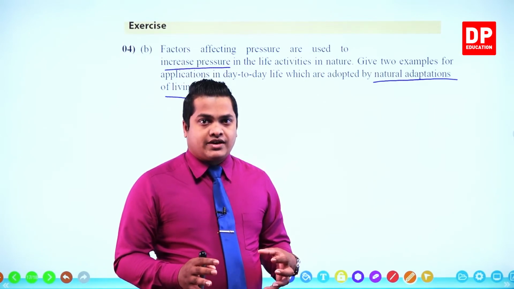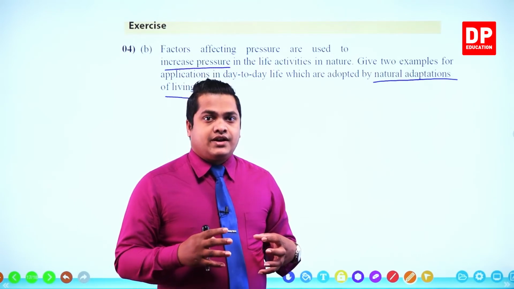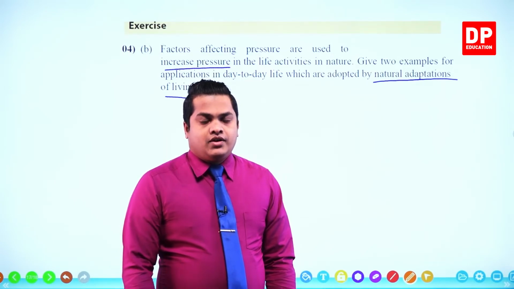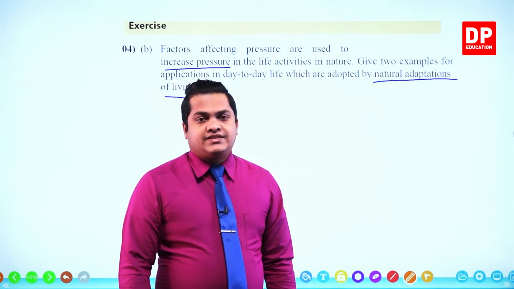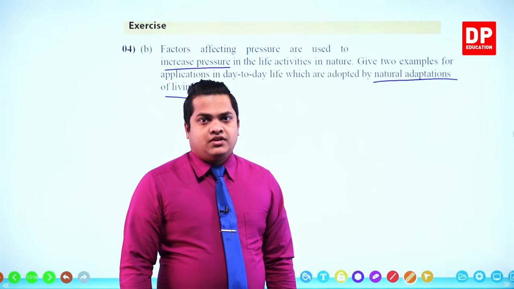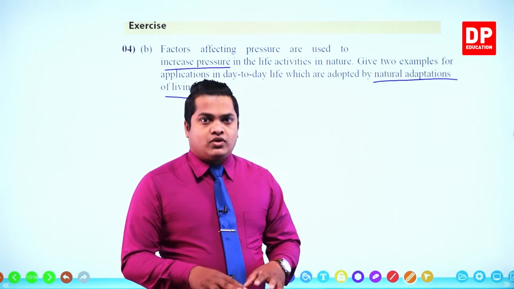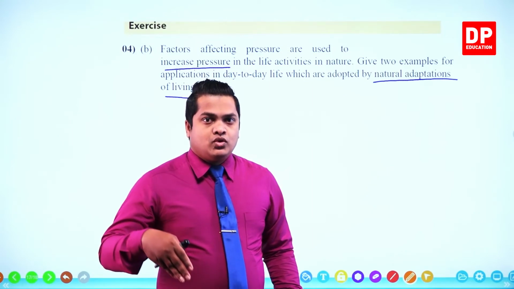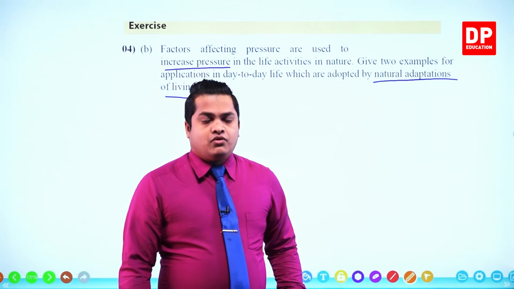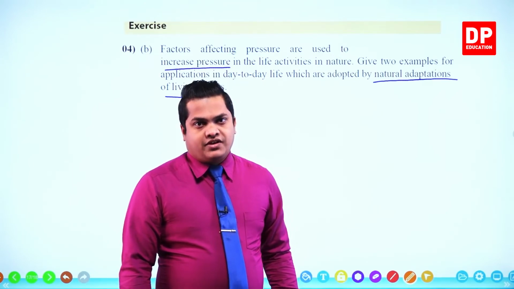To exert not a greater force, but to exert a greater pressure, right? They have a pointed beak. Good example is the kingfisher. Kingfisher can exert a greater pressure on the water surface, so it would allow them to dive within the water quite easily to catch fish.